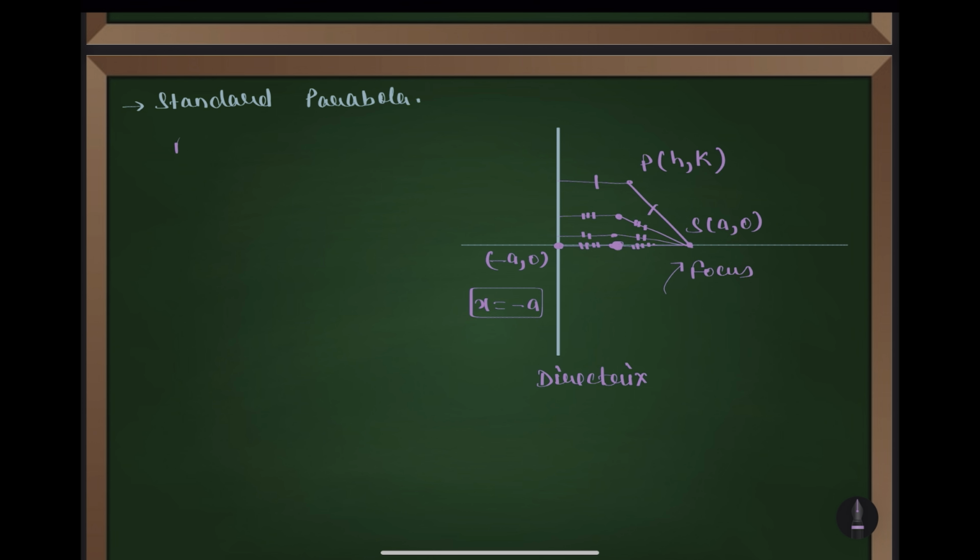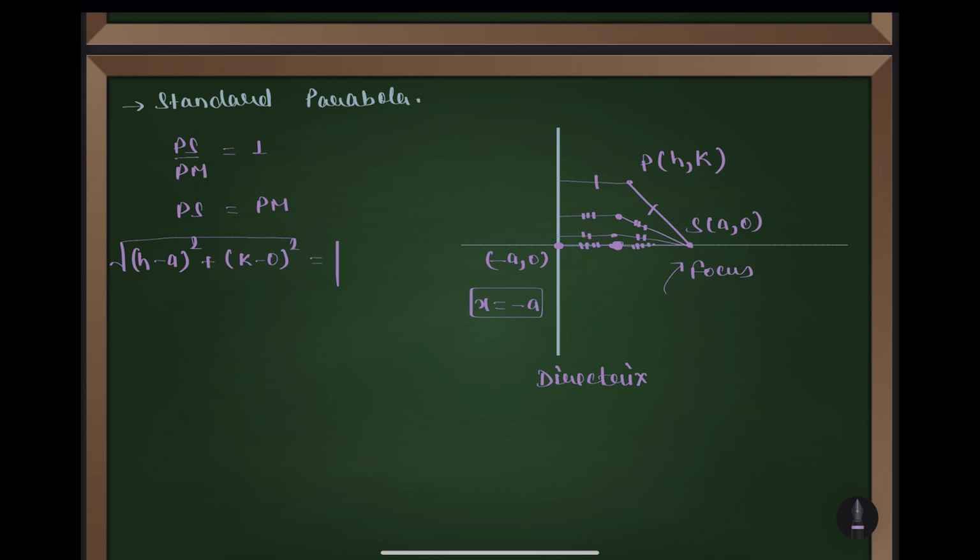You know that PS by PM is equal to 1, then only it is parabola. Correct? Now let's go with the definition. So PS is equal to PM. So the distance between P and S is root over (h minus a) whole square plus (k minus 0) whole square. Done with PS.